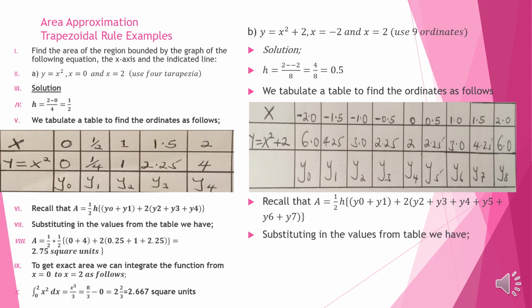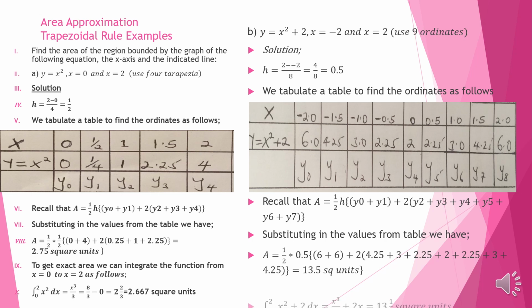Substituting in the values from the table, the area equals the first and the last heights, which is 6 plus 6, plus the intermediate heights multiplied by 2, then summing them and multiplying by whatever is outside, and we get the answer being 13.5 square units.